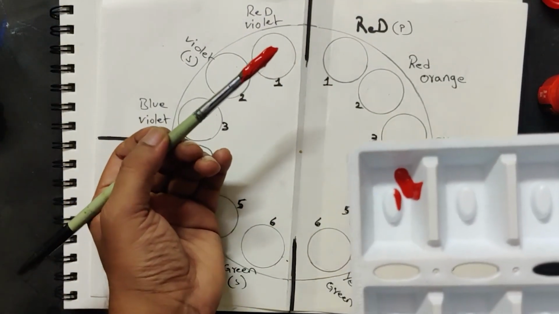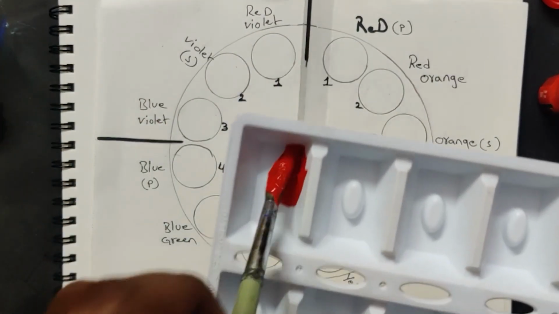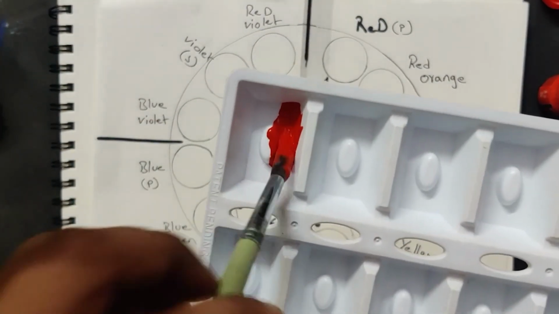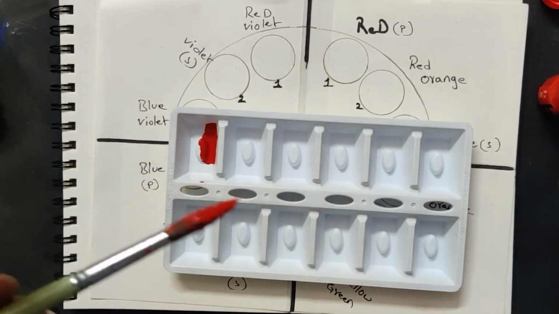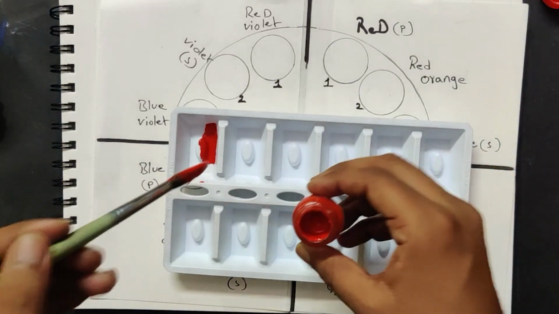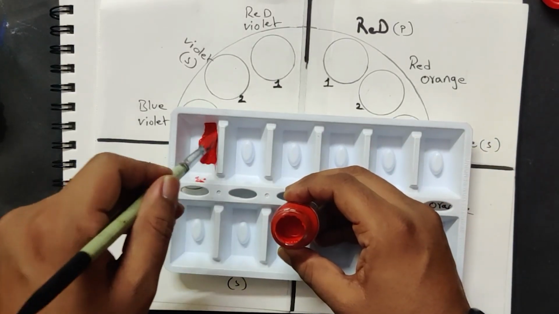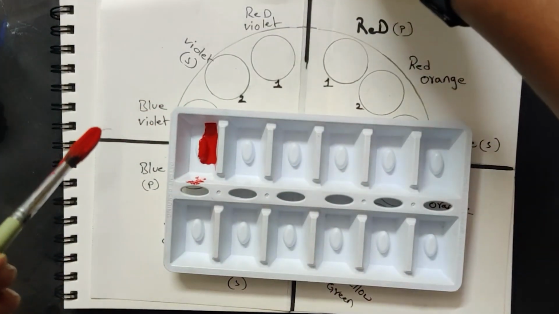I'm not directly applying this color on the paper. Never apply color directly on paper, okay? You have to apply the color first in the palette, like this. Take color how much you need, like that.